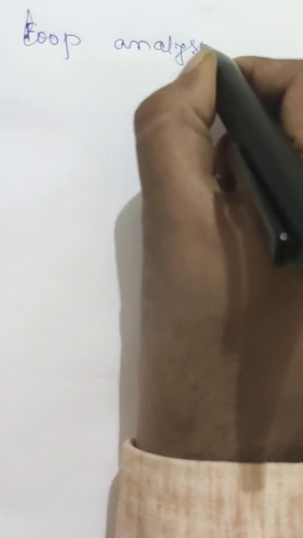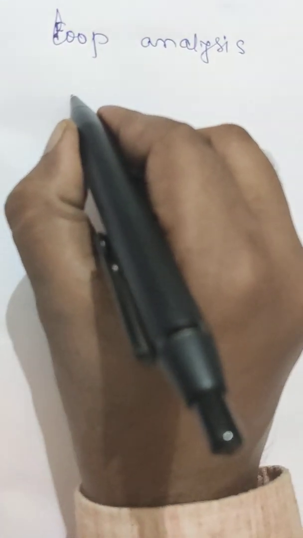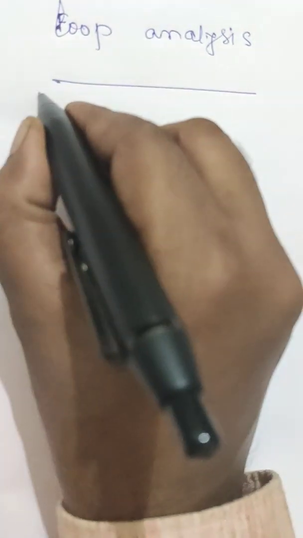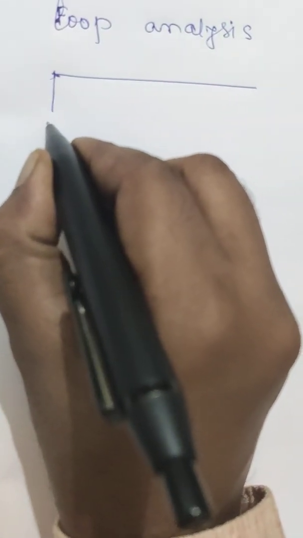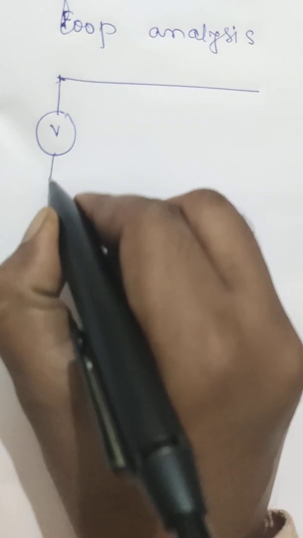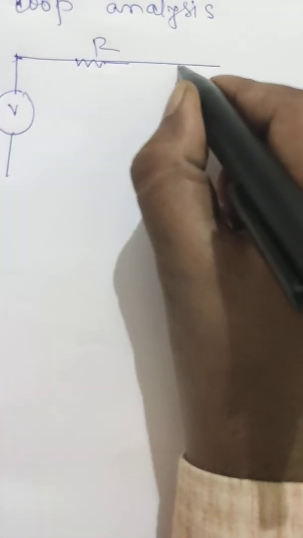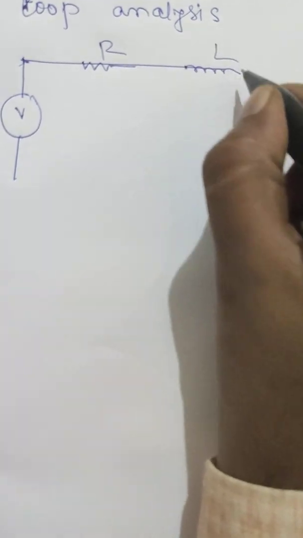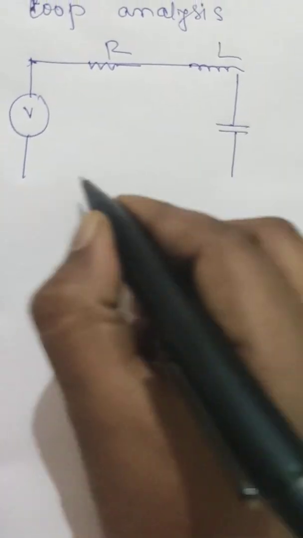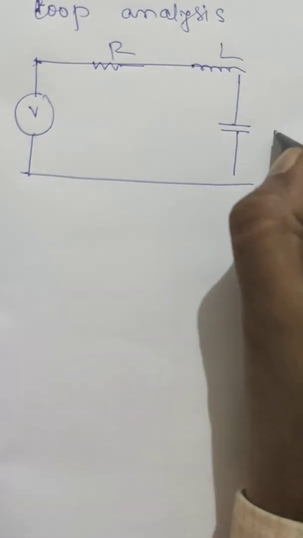Okay, now we are moving to the electrical system. Let's first take the loop analysis. In the loop analysis we have a voltage source, and suppose we have an RLC circuit.